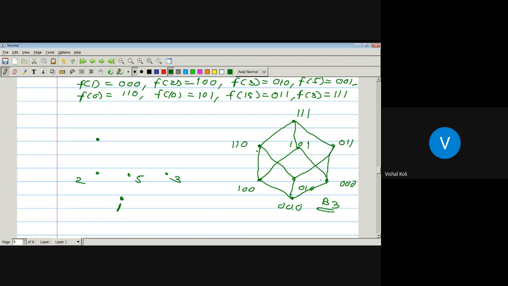The immediate successor of 2 and 5 is 10, of 2 and 3 is 6, and of 5 and 3 is 15. The immediate successor of 10, 6 and 15 is 30. So join these elements. In this way we can draw the Hasse diagram of D30.